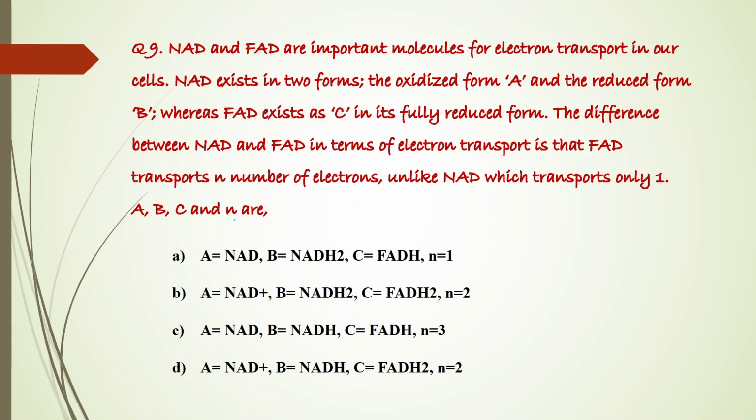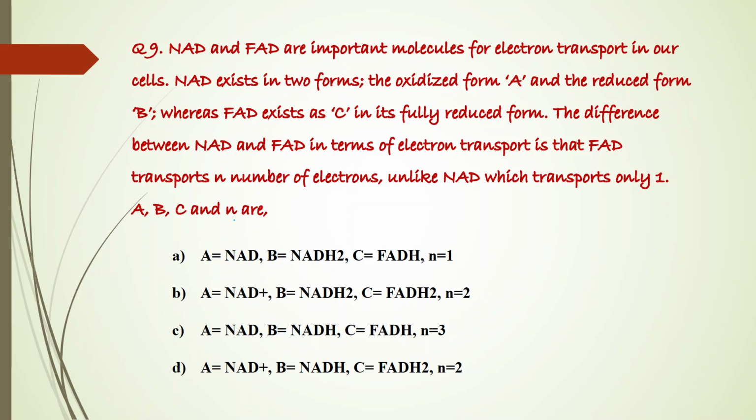So this is again a very easy question, but you have to read through all the lines. It states NAD and FAD are important molecules for electron transport in our cells. We have already read about them. We have talked about NAD as well as FAD. NAD exists in two forms.